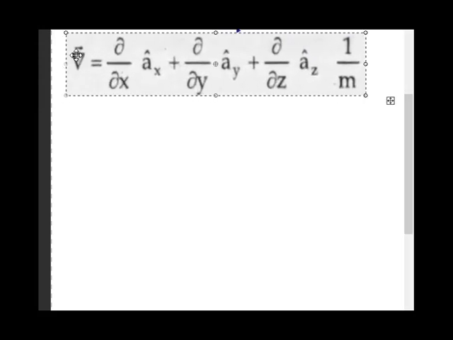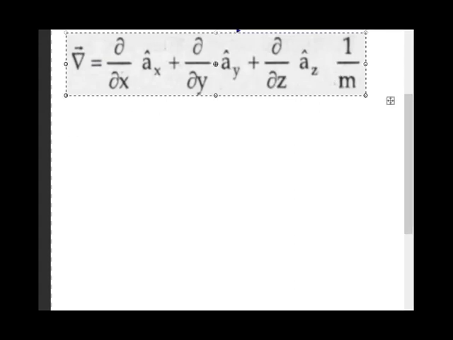The vector differential operator is a simple operator that differentiates all the components of a vector. It is denoted by this inverted del, called nabla. It has the property to differentiate all the components of a vector.